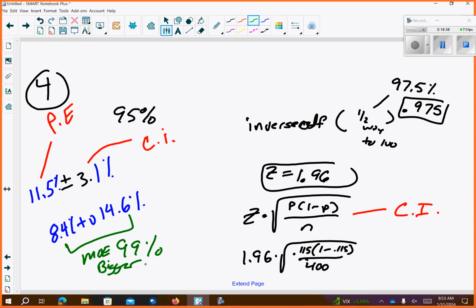We spread out further and further, and if we wanted 99%, we could do the inverse CDF to halfway to 100. So you go 0.99 to 0.995. That's halfway to 100. Do that. So the margin of error would increase.